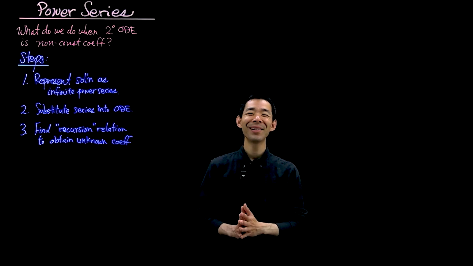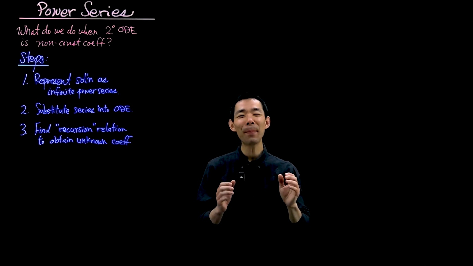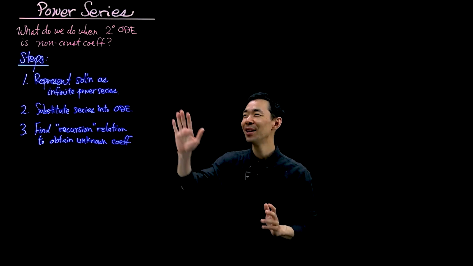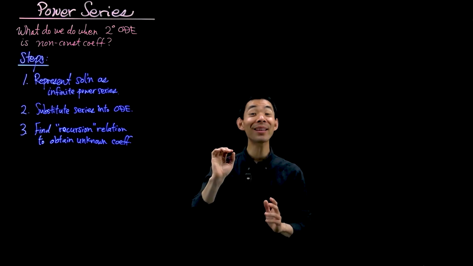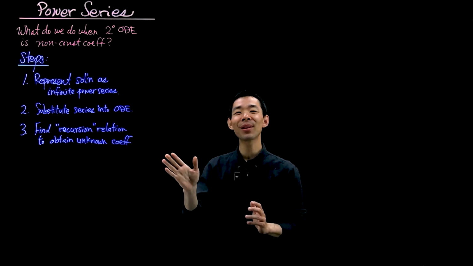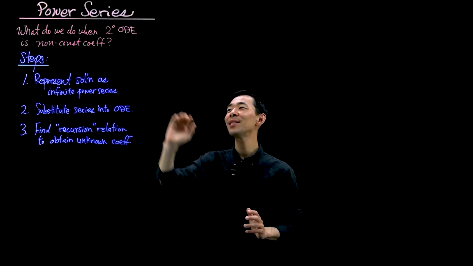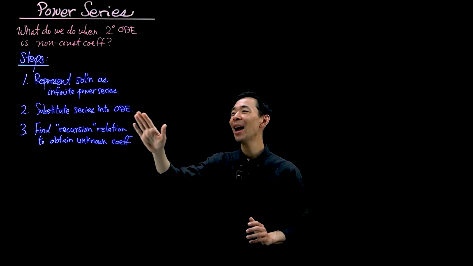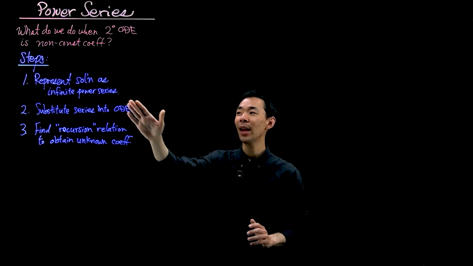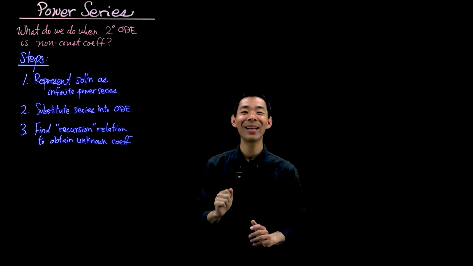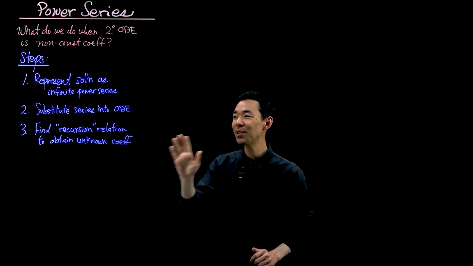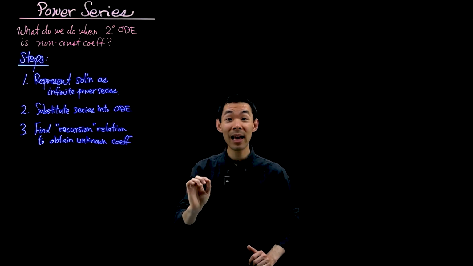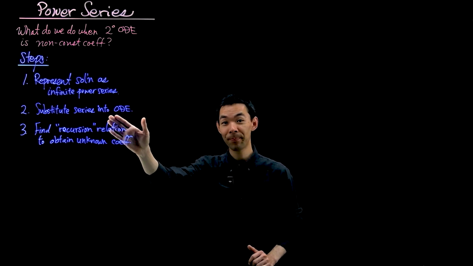All right. So the power series follows three basic steps. Step one is to make a guess and represent the solution of the non-constant coefficient ODE as an infinite power series. I'll explain what we mean by an infinite power series. Step 2 is to substitute that guess into the ODE.